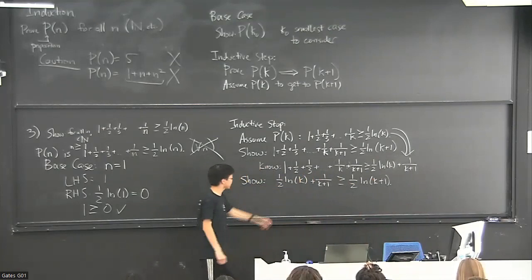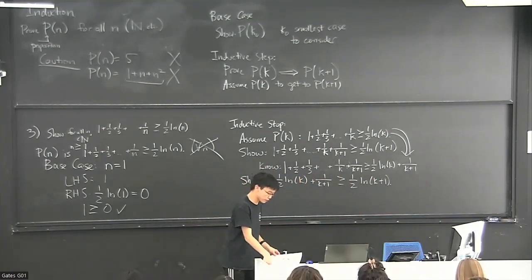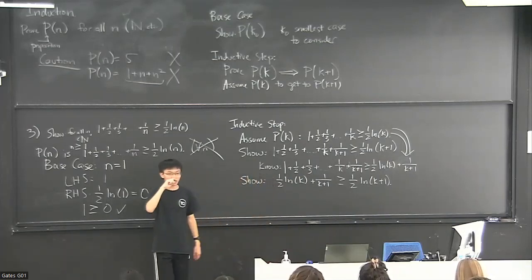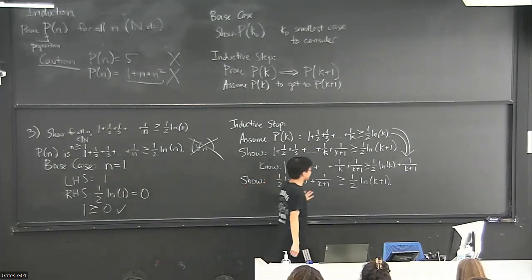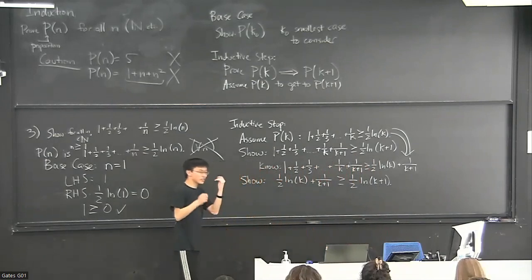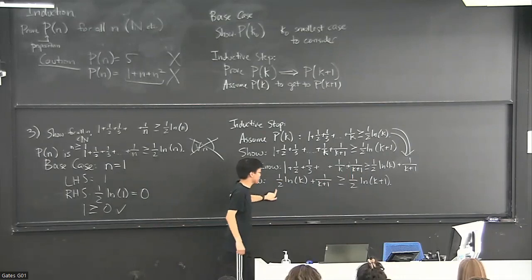Now I want to show this. What else can I do? If you look at the problem, there's a fact there that ln of n plus 1 minus ln of n is less than or equal to 1 over n. Let's make this look a lot like that, because I want to use something that I already know to get here.